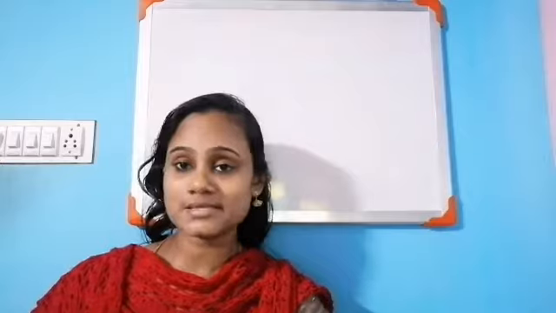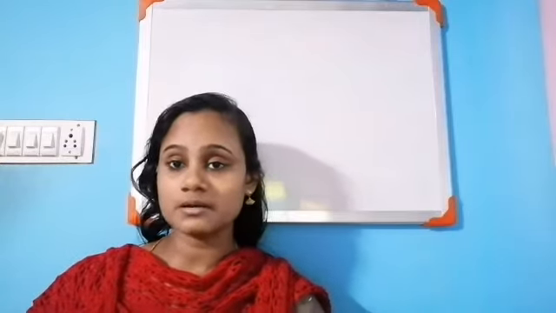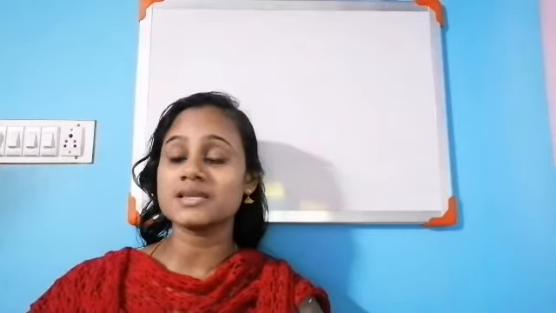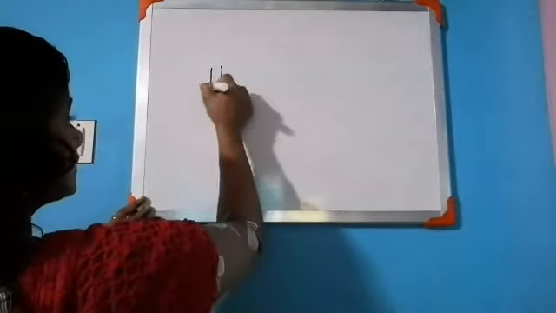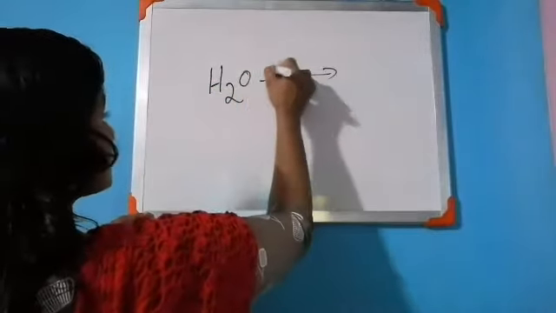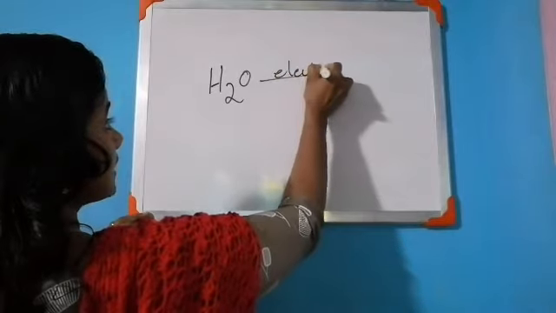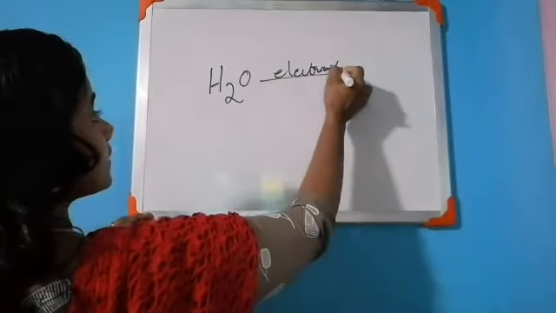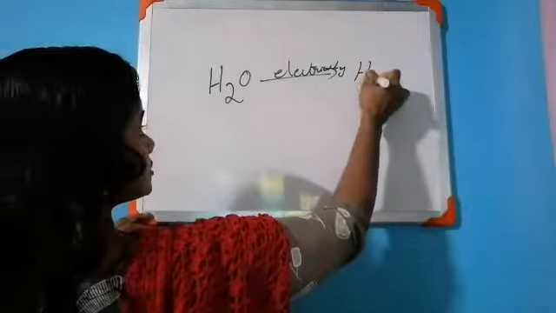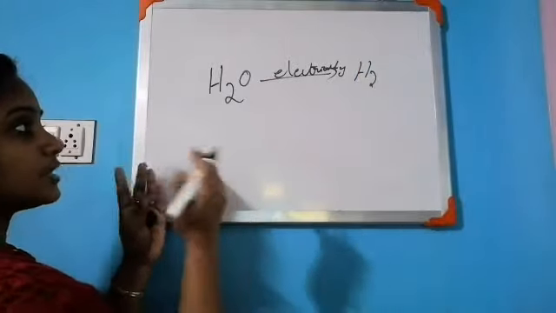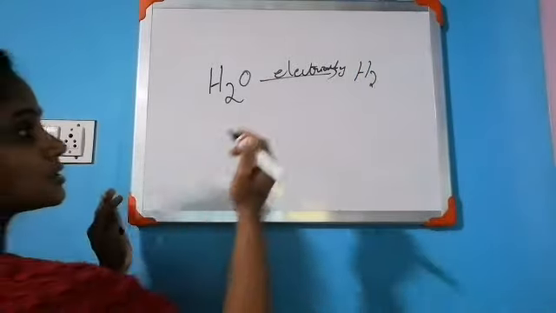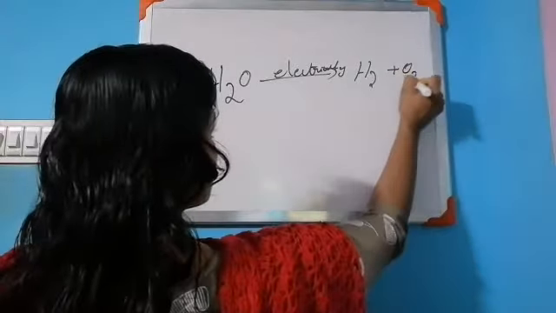For example, we can pass electricity through water, H2O. When electricity is passed through water, the water is split into hydrogen and oxygen gas.